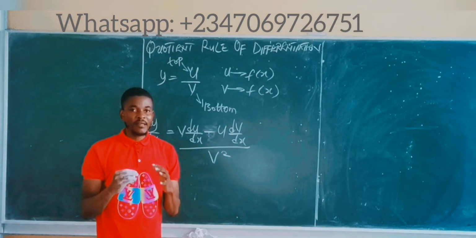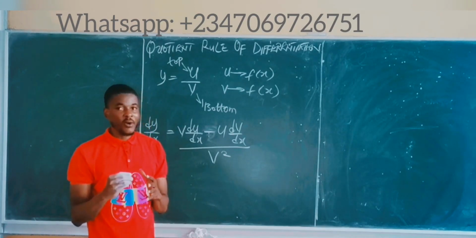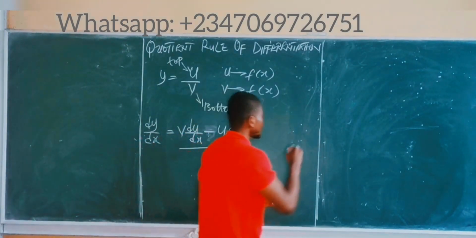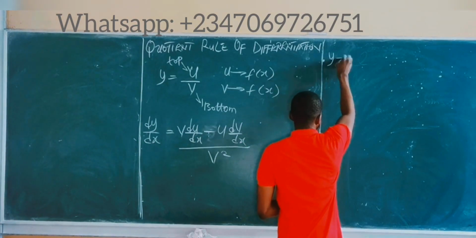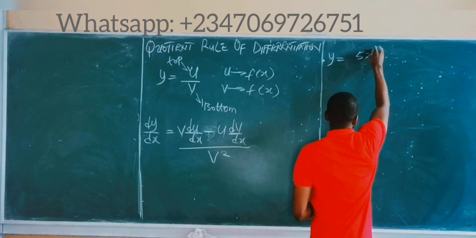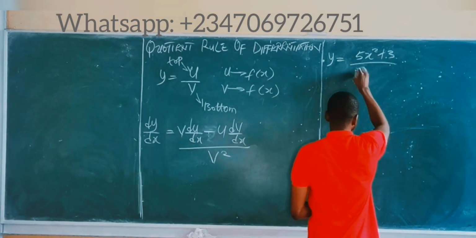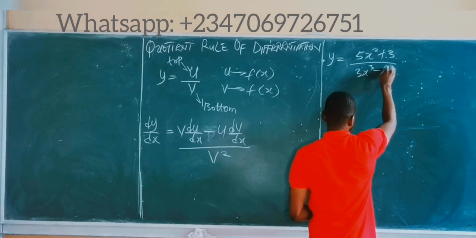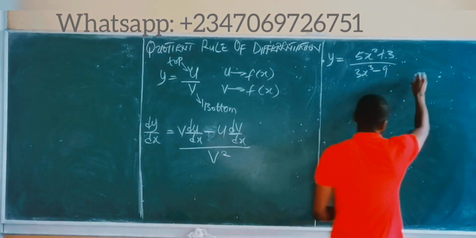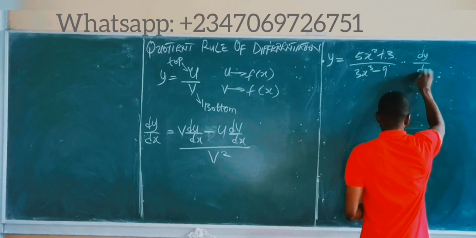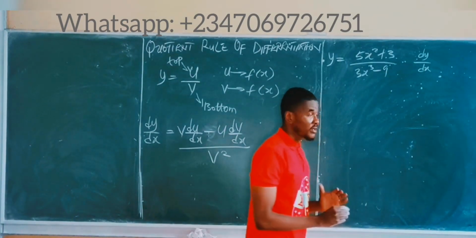So I'm going to now apply this to solve a problem so we can see how it's done. Let's say y is equal to (5x squared plus 3) all over (3x cubed minus 9), and we are asked to find dy/dx. Very simple.